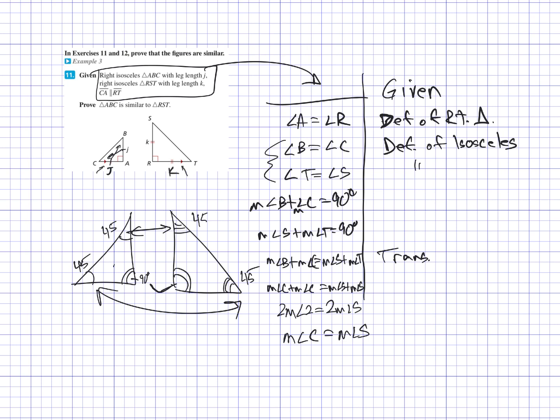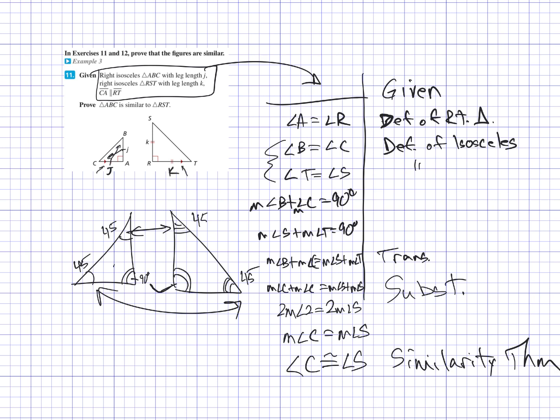All right, so this is all substitution. And if you have your angles the same, the measurements the same, then angle C is congruent to angle S. And now you have all your angles. So that's the similarity theorem, that all your angles have to be the same.